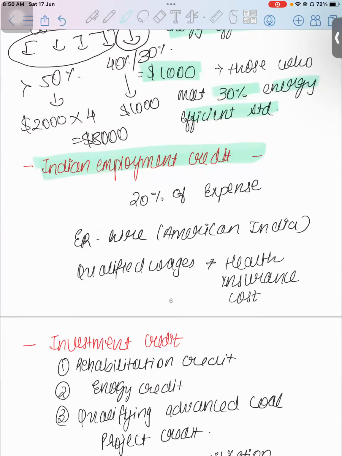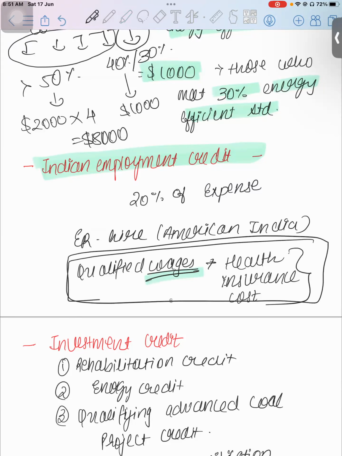If you are an American Indian, living over there and working for an organization, and that employer is paying you wages and also incurring health insurance cost for you, then take 20% of the total of this and you will get it as an Indian employment credit.